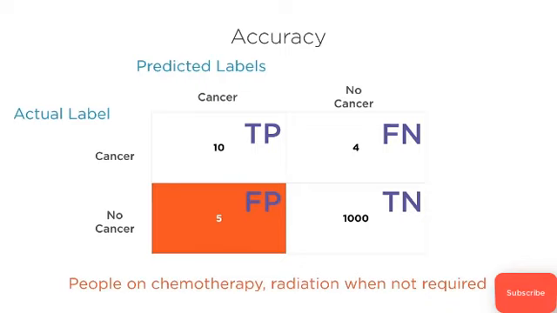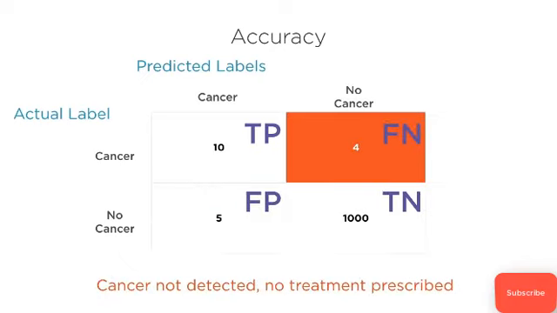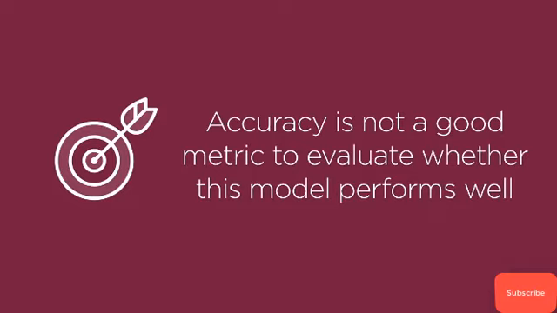Here are people getting treated for cancer on chemotherapy or radiation when it's absolutely not required. They don't actually have cancer. And at the other end, here are all of these patients who need treatment for cancer, but cancer wasn't detected using our model, so no treatment was prescribed. Given this, it's pretty clear that accuracy is not a good metric to evaluate whether this model performs well.